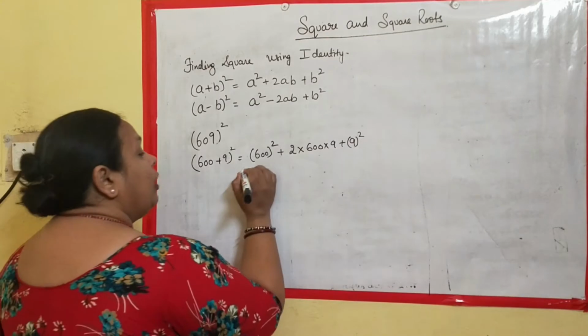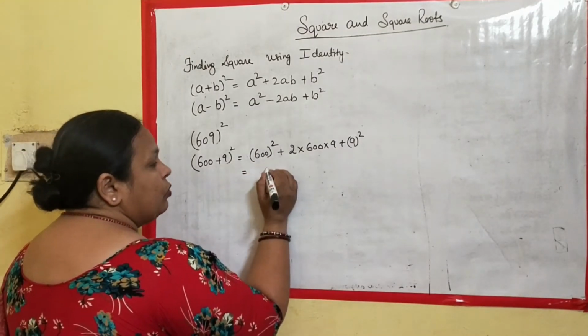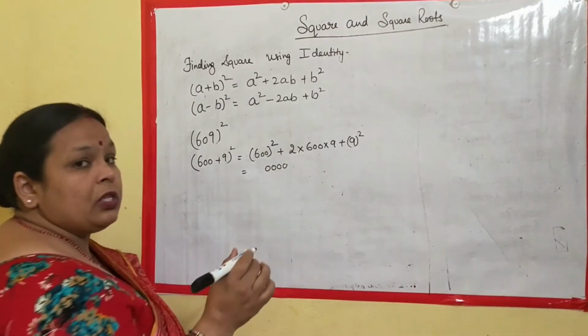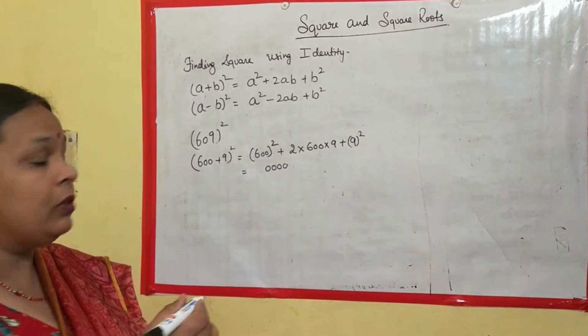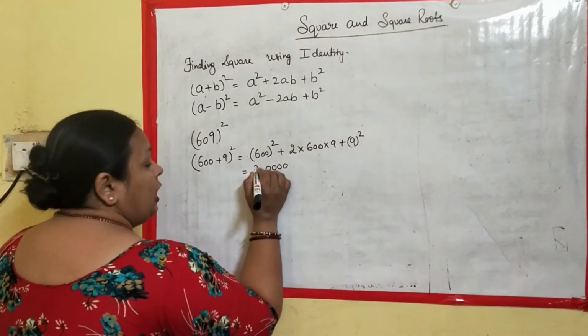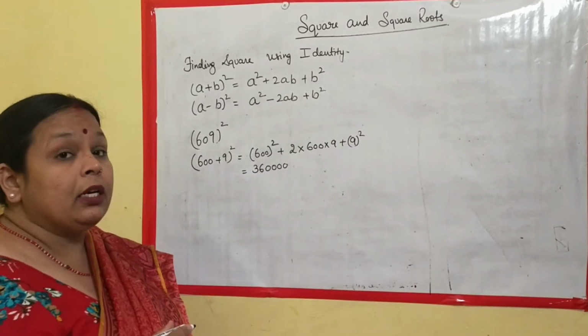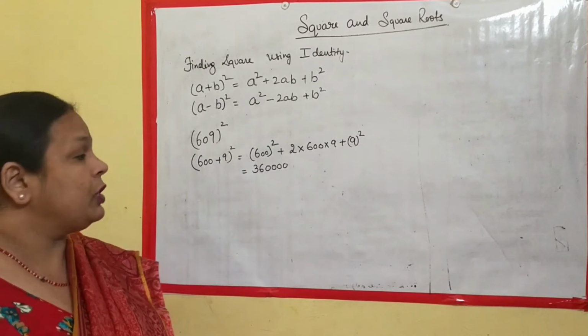Clear? Now we need to write 2 zeros here and again 2 zeros, so we will be getting 4 zeros because 600 into 600. We have 2 zeros in one 600 and 2 zeros in the other 600. Then 6 6s are 36. So the oral calculation is easier for finding the multiplication rather than multiplying 600 into 600.